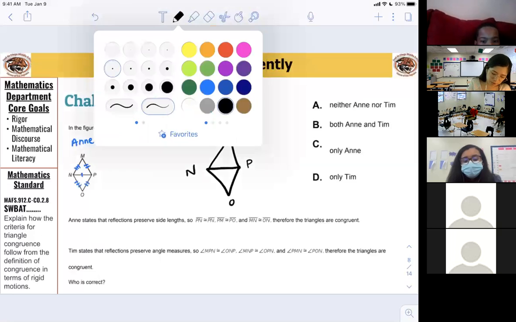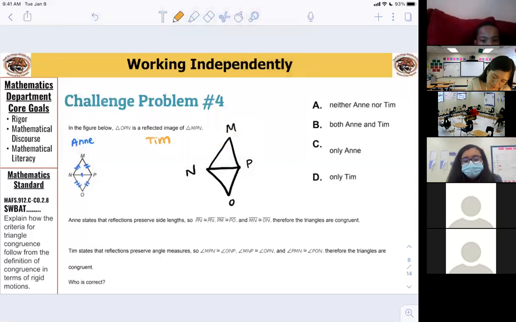So he's saying that MPN is congruent to ONP. ONP is here. And then that MNP is congruent to OPN. So this one. And then finally up here and down here.